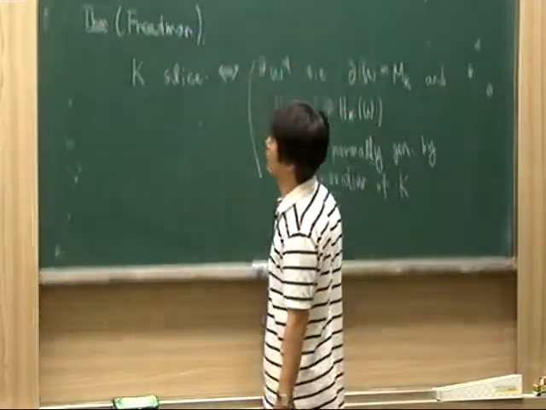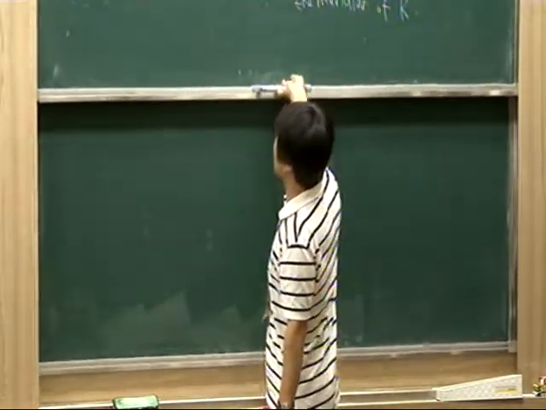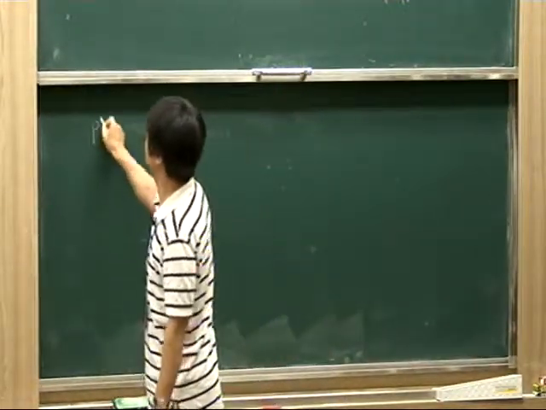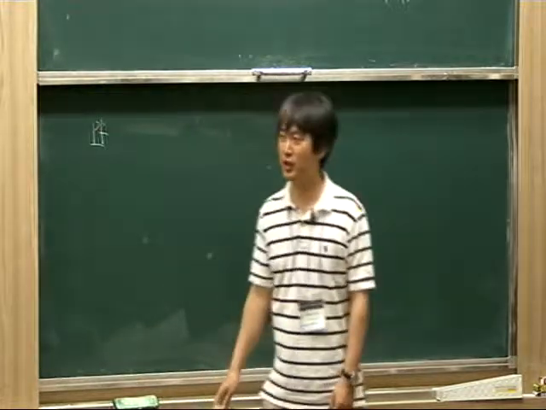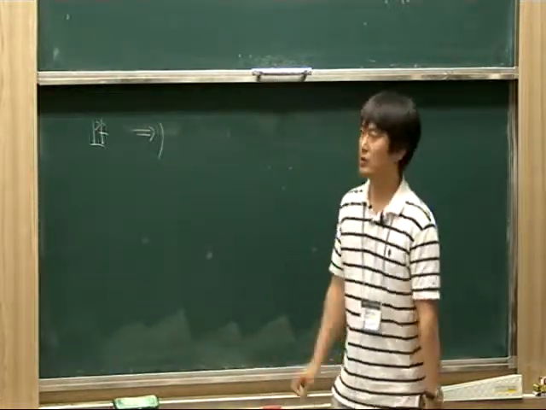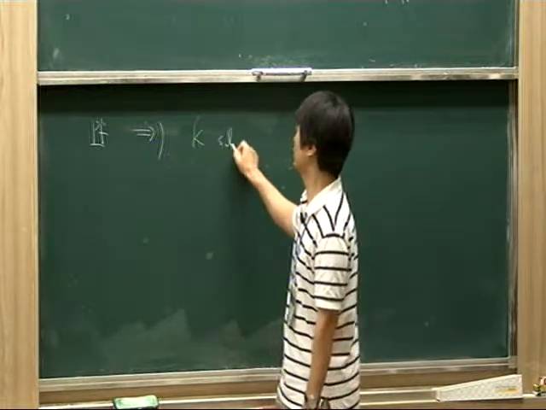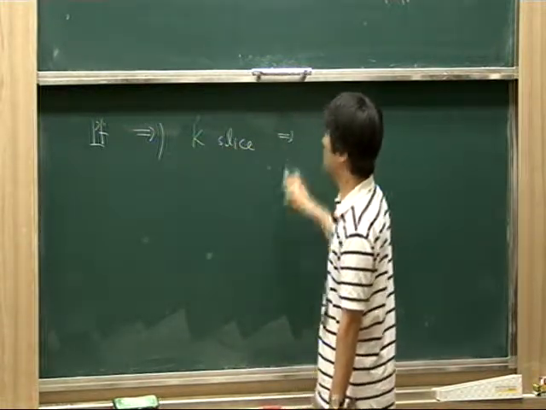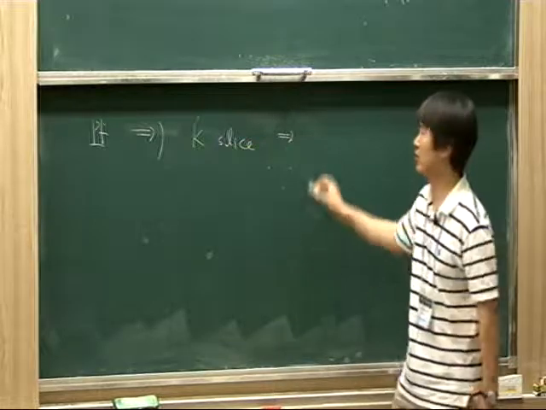Let me give you just a sketch of the proof of this theorem. One direction is very easy. Because K is slice, you have a slice disk.